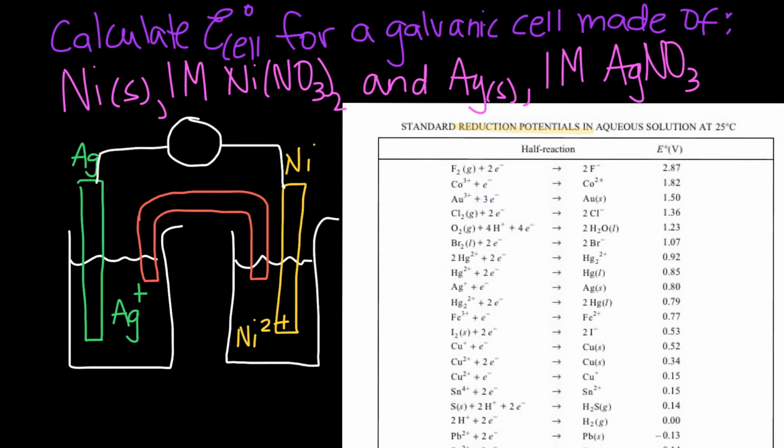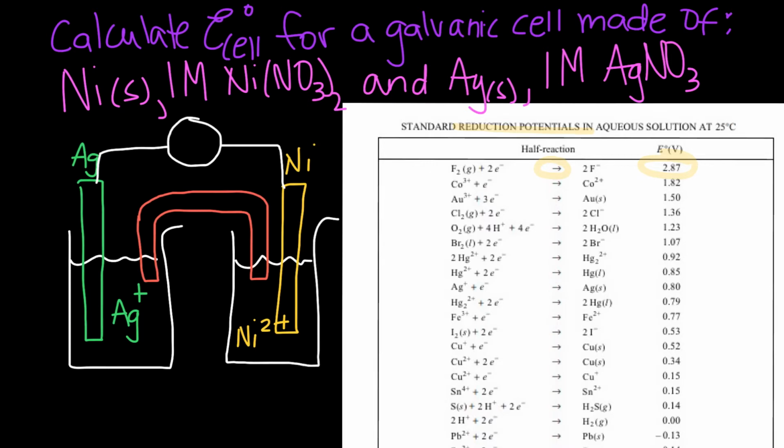You can get the oxidation potential simply by flipping the arrow to make it an oxidation half reaction and then also flipping the sign for the potential. And that will make it an oxidation potential. So if your reduction potential is positive, you're going to make it negative if you want an oxidation potential. And if your reduction potential is negative, you're going to make it positive. So you just switch the sign to make it an oxidation potential.